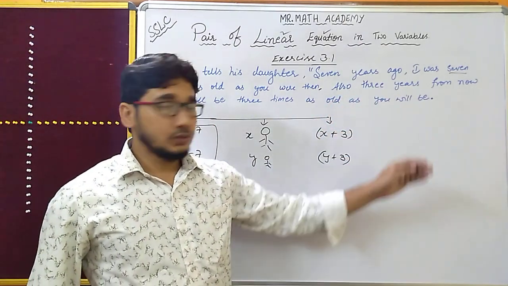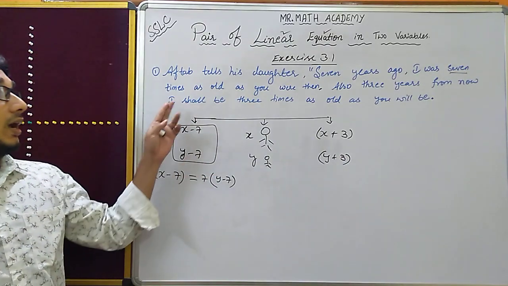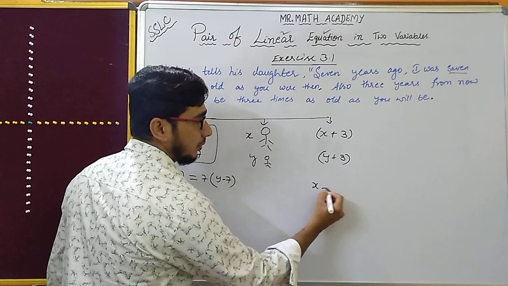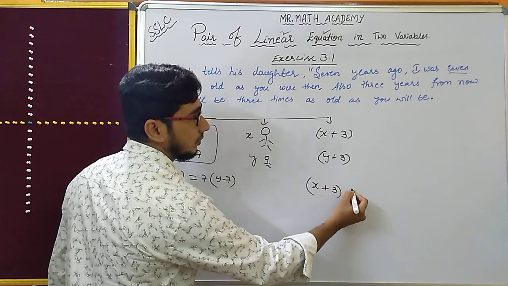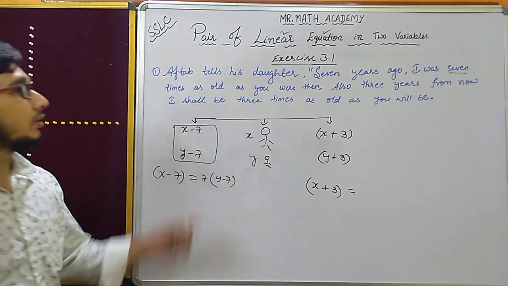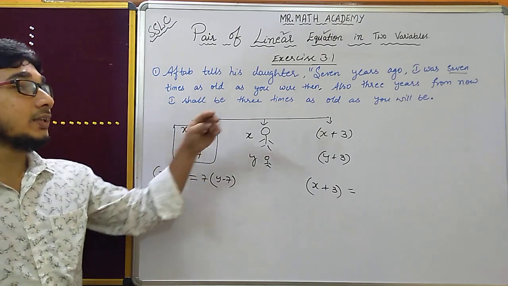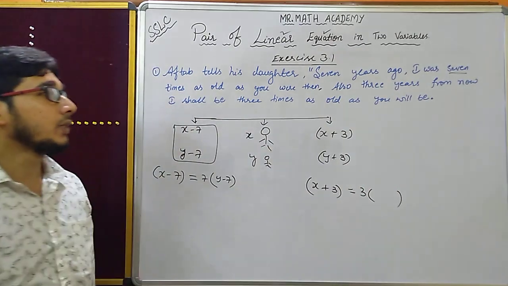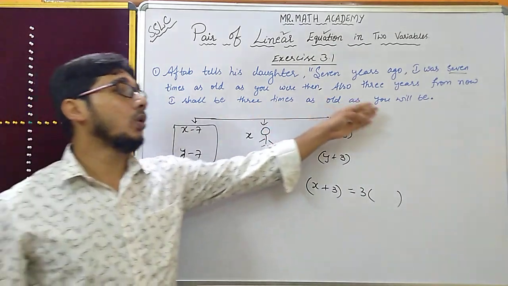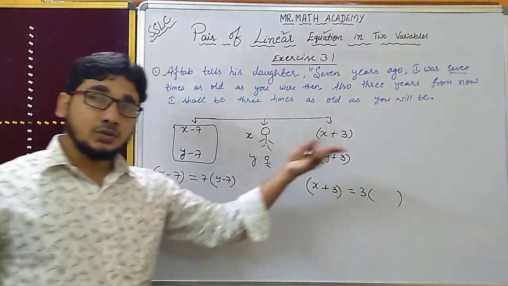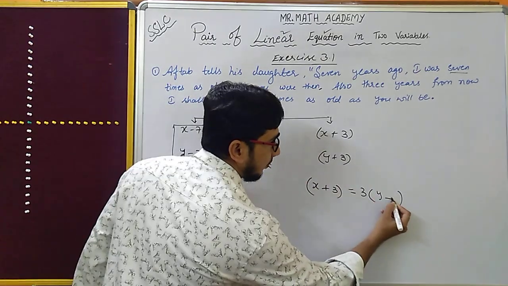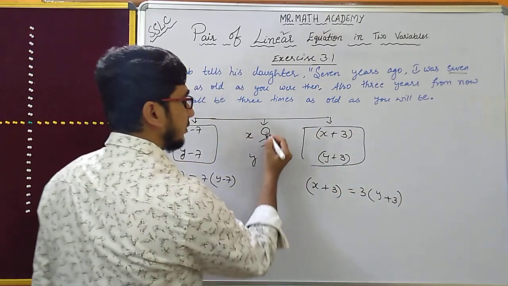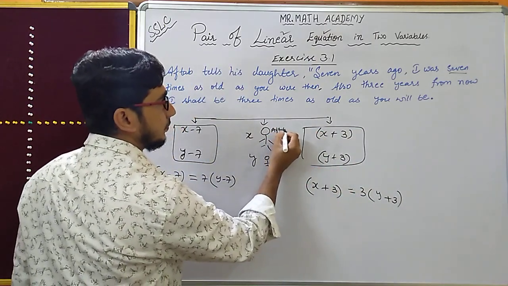Also 3 years from now, I, Aftab, X plus 3, shall be 3 times, times means multiply, 3 times as old as you will be, Y plus 3. So this is Aftab, and this is the daughter.